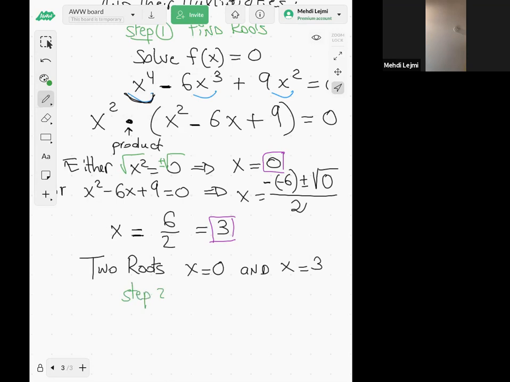So we have to factor f of x completely to find the multiplicities.